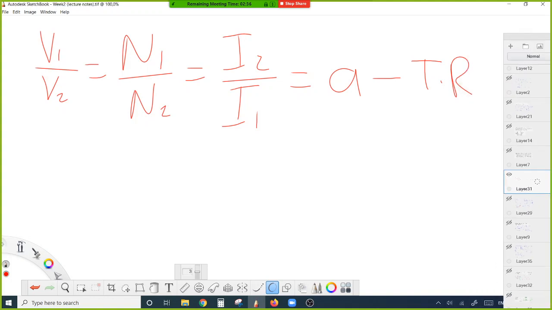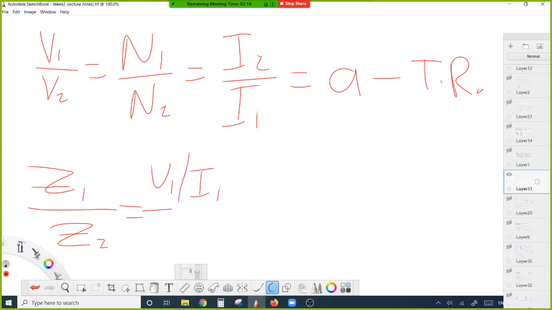And we have derived another equation, saying the impedance of the primary circuit over the impedance of the secondary circuit will be equal to the square of the transformer ratio. It comes from where? Impedance of the primary is V1 over I1, and of the secondary V2 over I2.